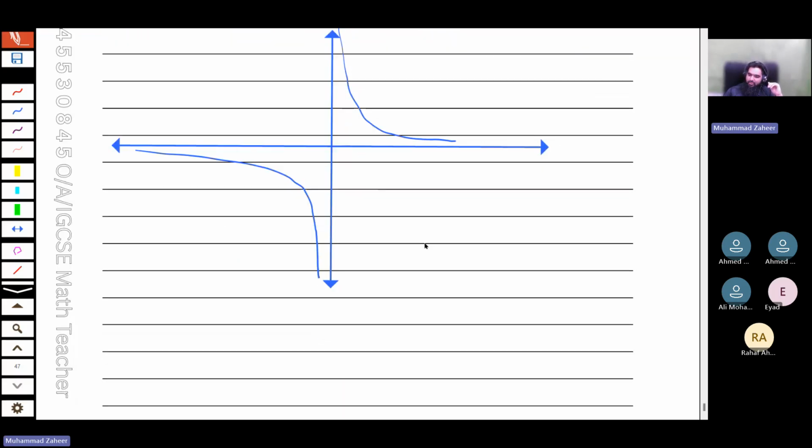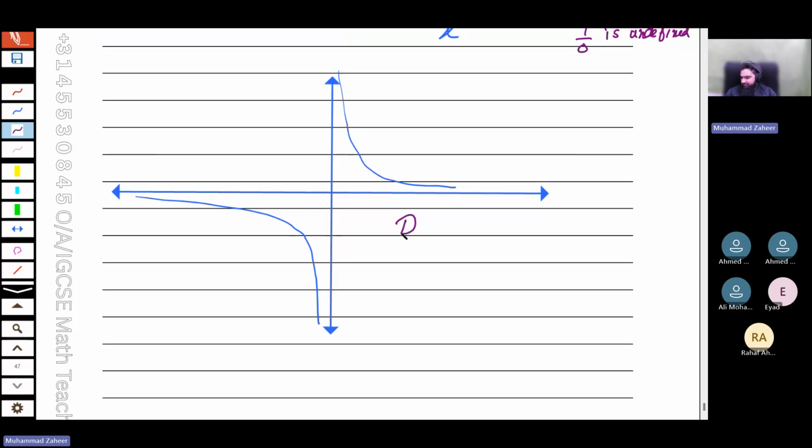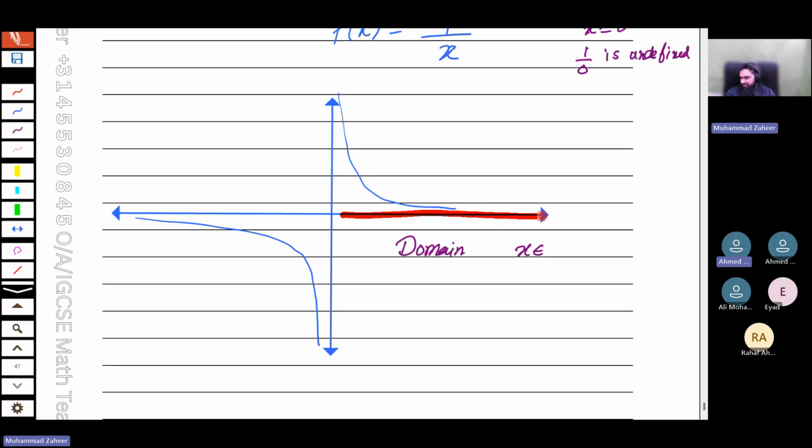Now, if we talk about the domain and the range of this function, can anyone tell me what is the domain of this function? Look at here, you are getting the negative x values as well as the positive x values.